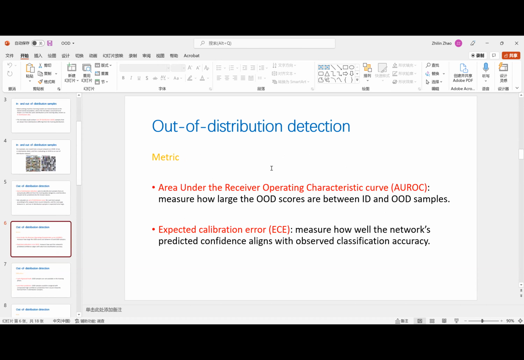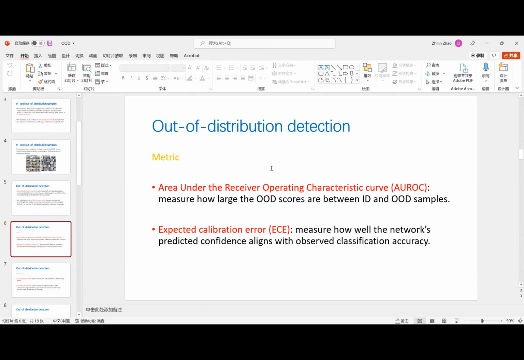So how do we measure the performance of out-of-distribution detection? Actually, we have two widely used metrics. The first one is the AUROC, which is used to measure how large the out-of-distribution scores are between the in-distribution and out-of-distribution samples. As I discussed before, we expect that the scores between the two kinds of samples are large enough so that we can clearly distinguish them.